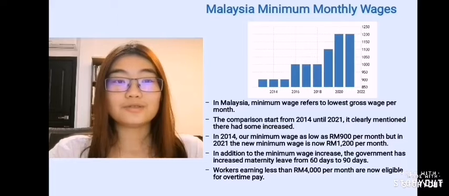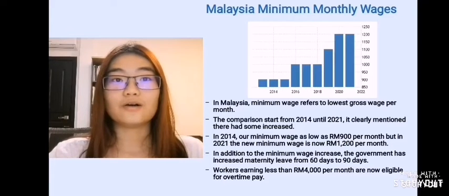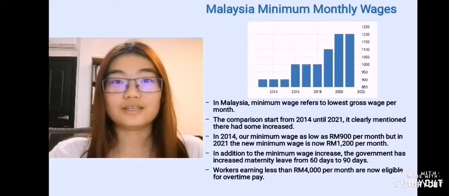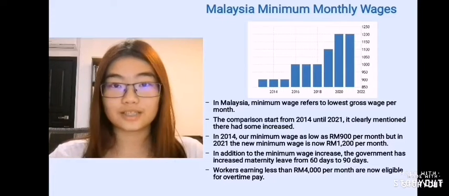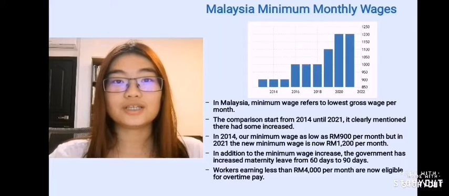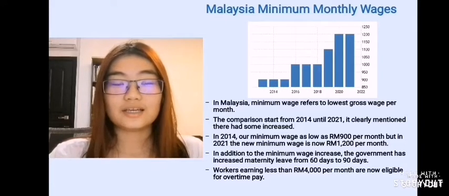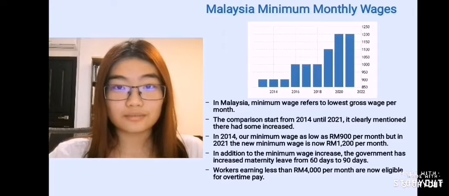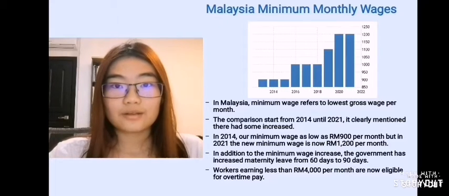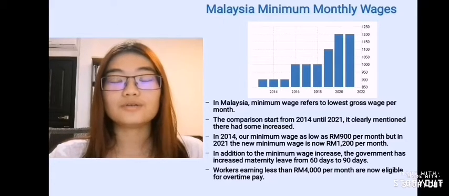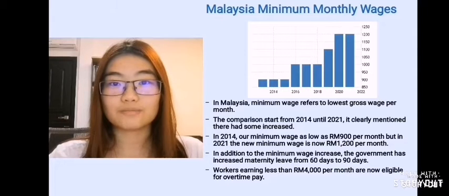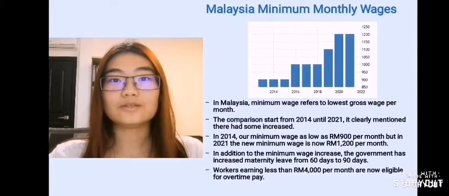Let's view the graph. This is a comparison from year 2014 until 2021. It's clearly shown that the Malaysian government has increased our minimum wage. In year 2014, our minimum wage was as low as 900 per month, but in year 2021, the new minimum wage is now 1,200 per month.